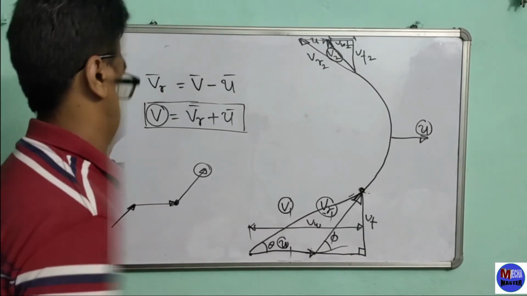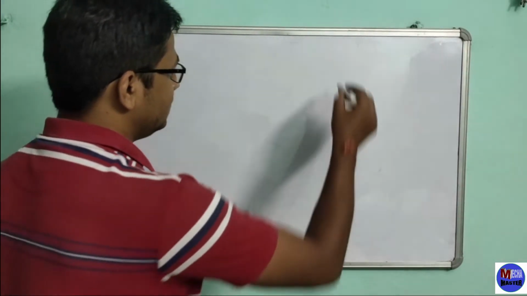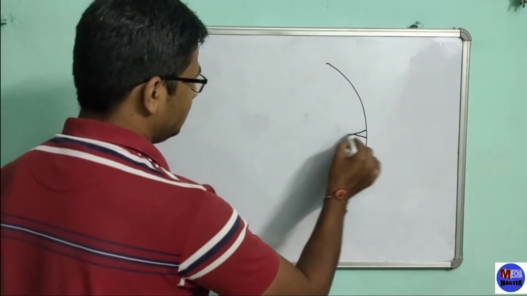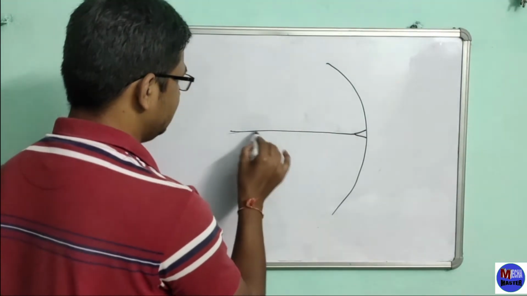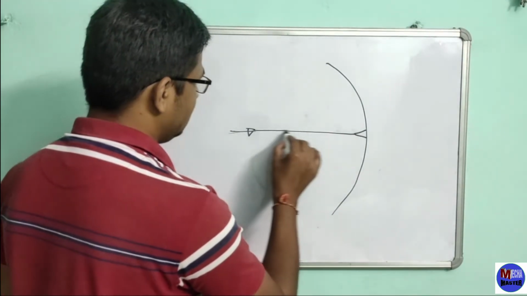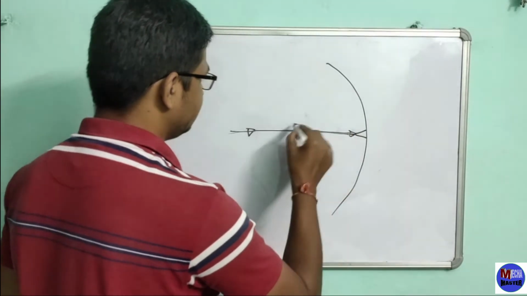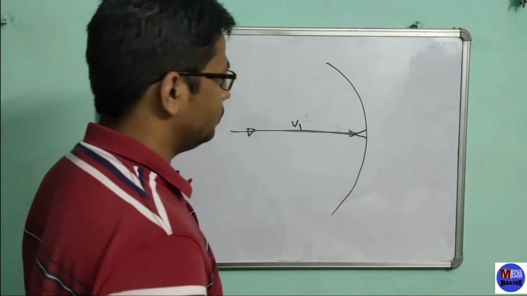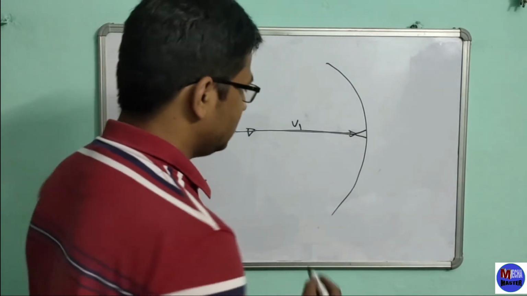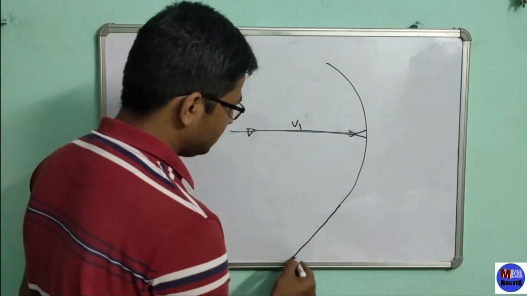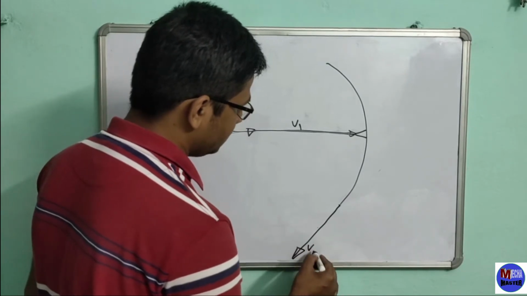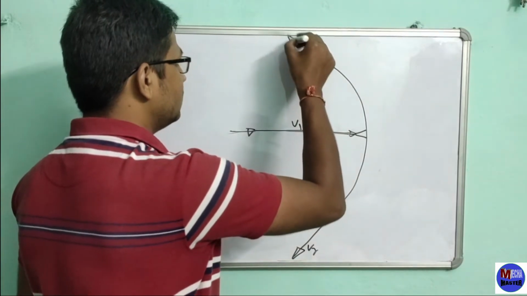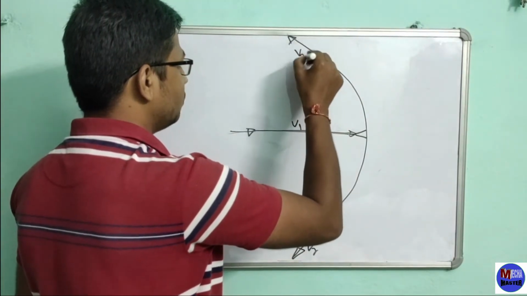So please wait. For the Pelton wheel turbine, we know that there is a vane, and there is a splitter at the center, and the flow is at the center. This is the jet, and this is the jet velocity V1. Earlier I told you that if we draw the tangent, this will be the relative velocity VR.